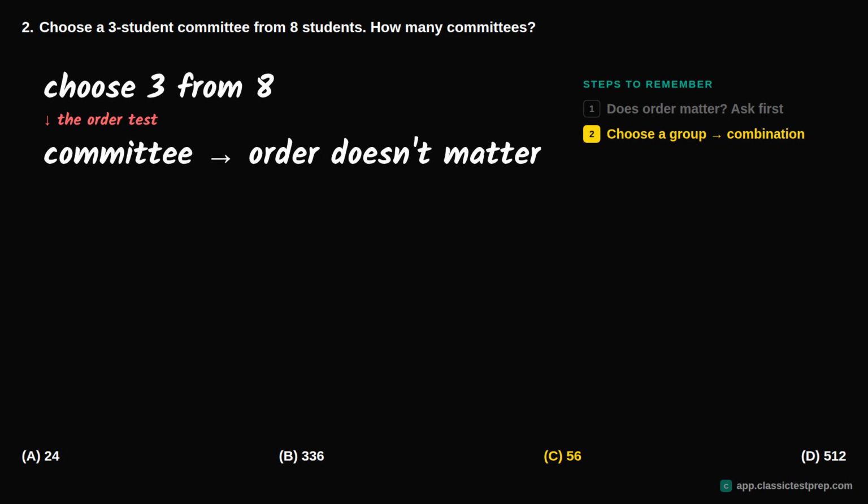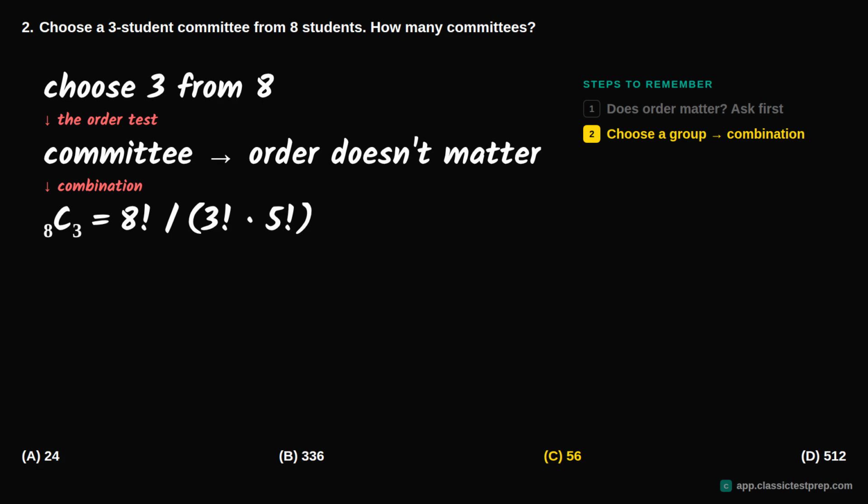So we have 8 students to choose from for the first spot in the committee, 7 students to choose from for the second spot in the committee, and 6 students to choose from for the final spot in the committee. So 8 times 7 times 6. And right now you're thinking, this looks exactly like the previous example question. So what's the difference?